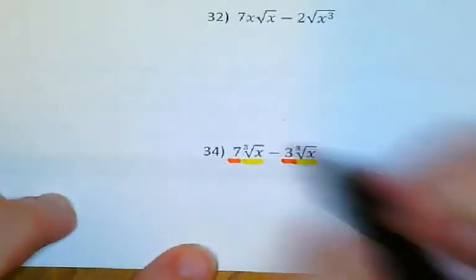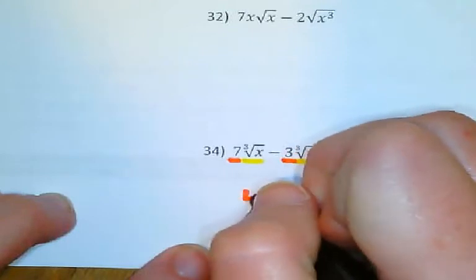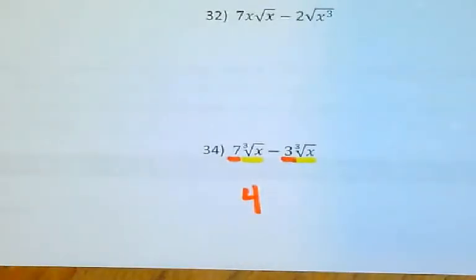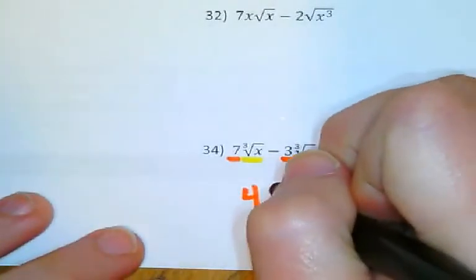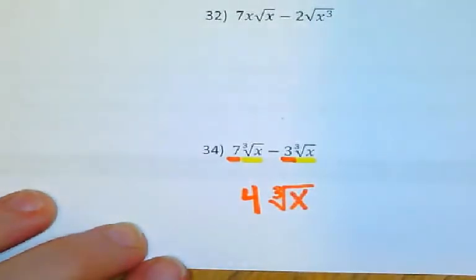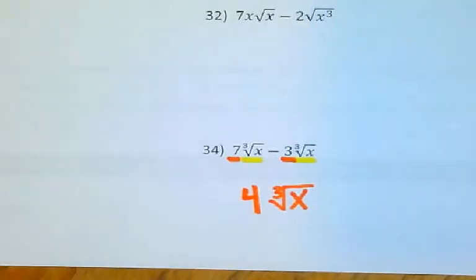And 7 minus 3 is 4, correct? So this is just 4, and then the term, just like if you were taking 7x minus 3x, you would get 4x. So 7 cubed root of x minus 3 cubed root of x is 4 cubed root of x. There's your final answer on that one.